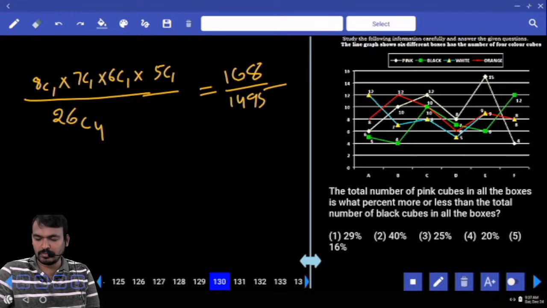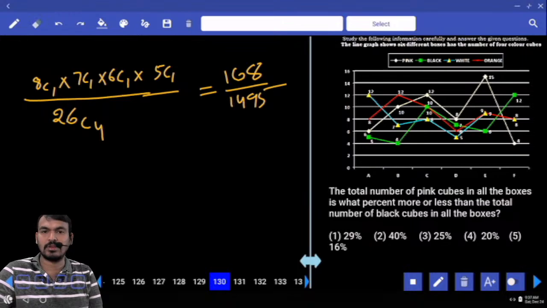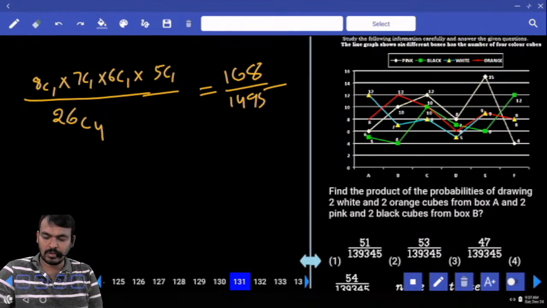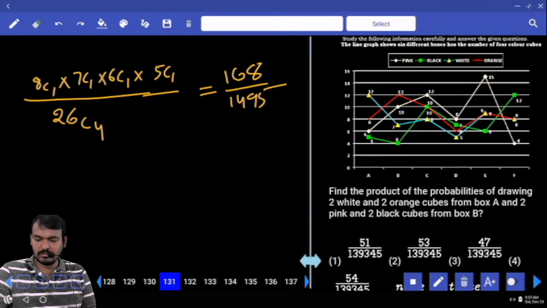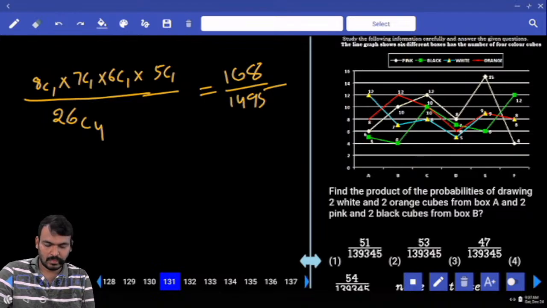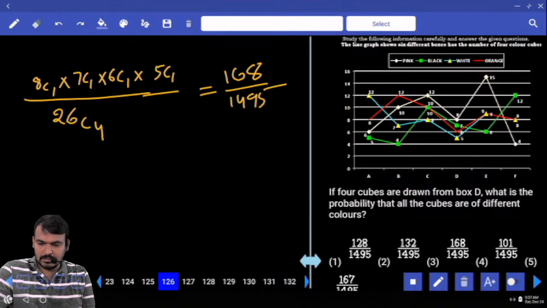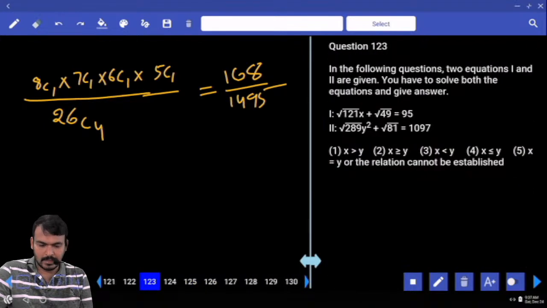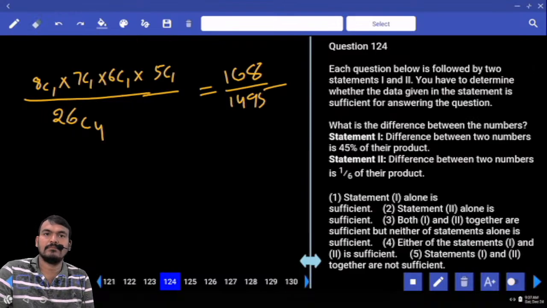Total number of pink cubes in all the boxes is what percent more or less than the black cubes in all the boxes are. Okay, 131 also probability related question. Next, data sufficiency. Skip మాట్లాడాలా?